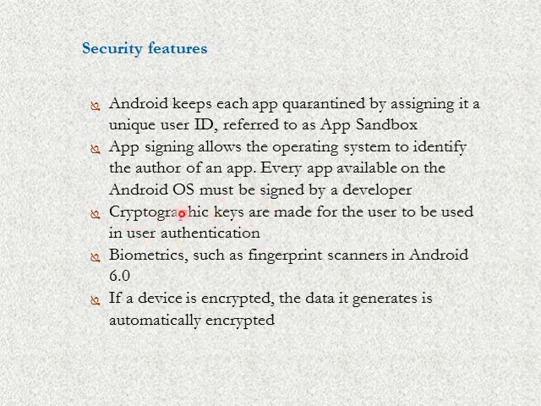For users, Android provides cryptographic keys. About these cryptographic keys, you may learn in some other course. It means that we usually have multiple passwords, where one password can encrypt the data, and an entirely other password is used to decrypt the data.